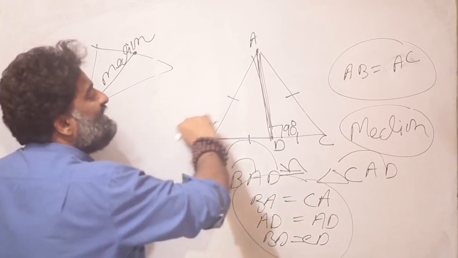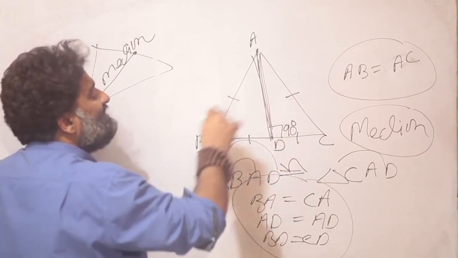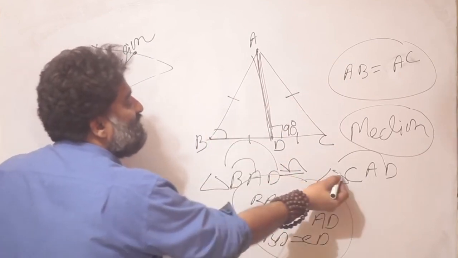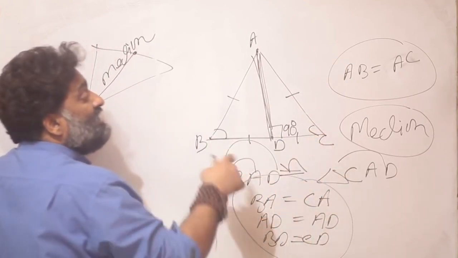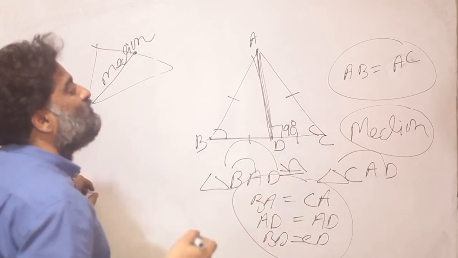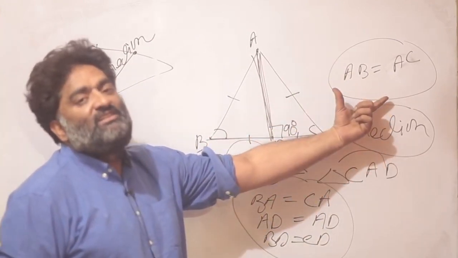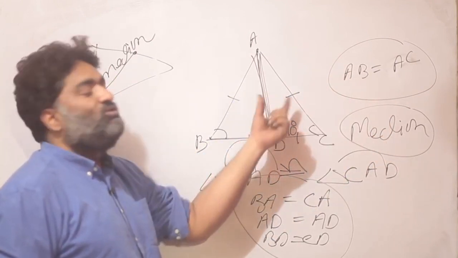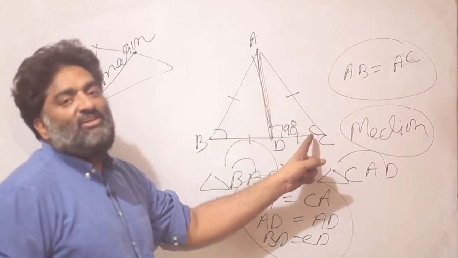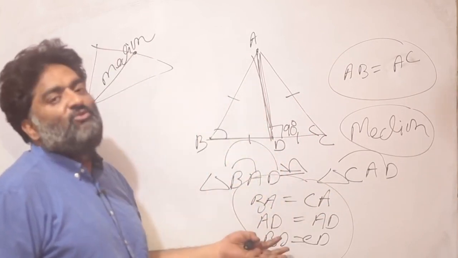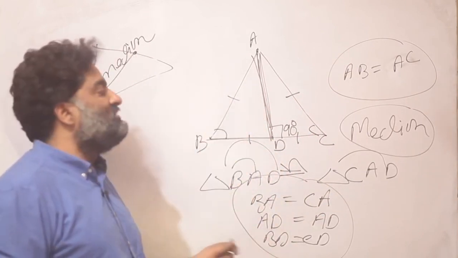That means not only the sides, the relative angles are also going to be equal to each other. So angle at B is going to be equal to angle at C. That could be another thing that we'll be proving very soon, that when we're talking about an isosceles triangle, that means when the sides are equal, the opposite angles are also equal. In fact we have already proved it using the same idea of congruence only.